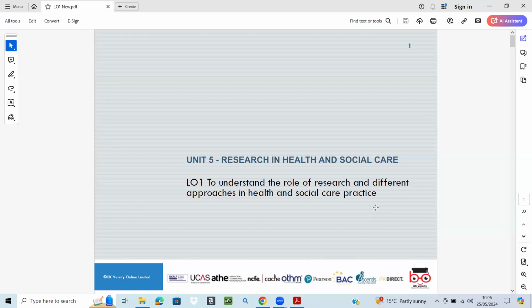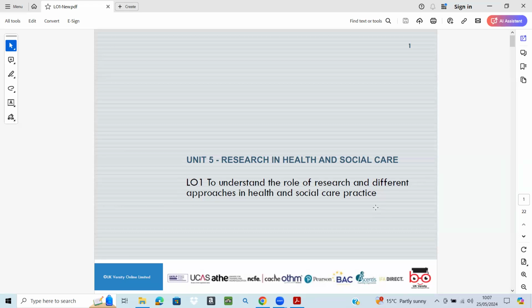Then we have different approaches to health and social care research. To understand the breadth of research in health and social care, it is crucial to recognize the variety of approaches. Each approach has its strength and is suited to different types of inquiries. For example, quantitative research.